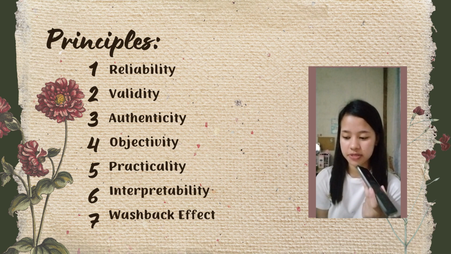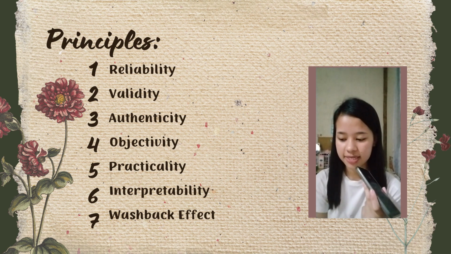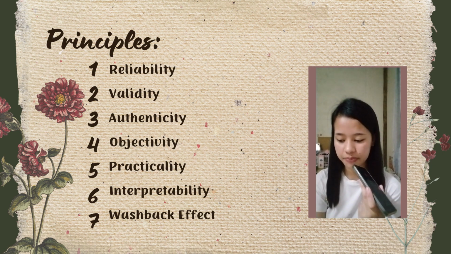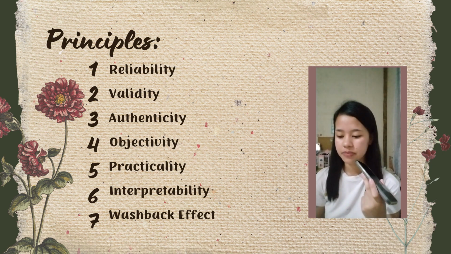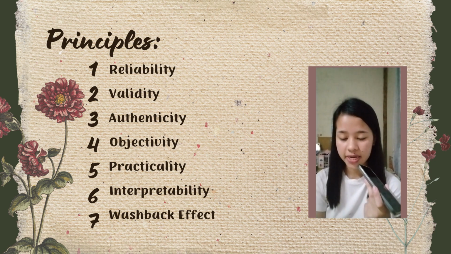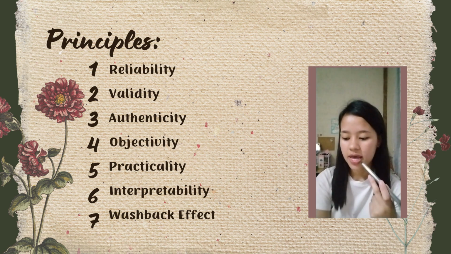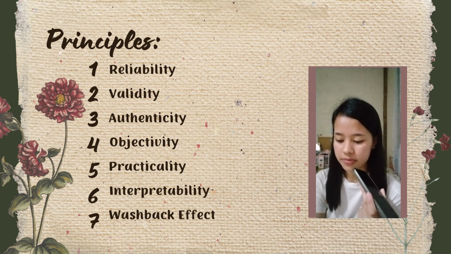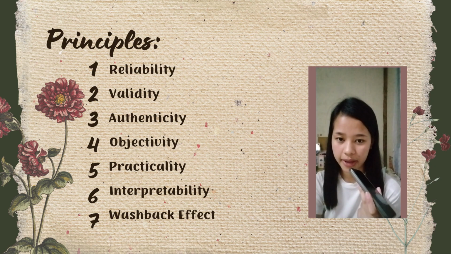Now moving on to the principles. We have reliability, validity, authenticity, objectivity, practicality, interpretability, and the washback effect. Reliability refers to the degree of stability and consistency in the results. The next one is validity, which means that it can be supported by evidence.